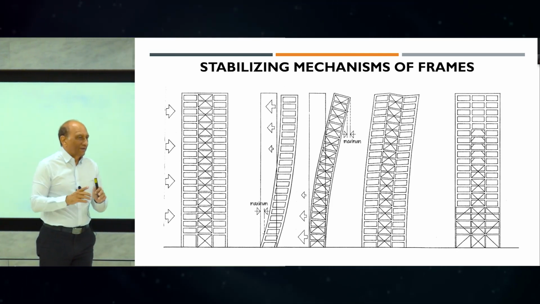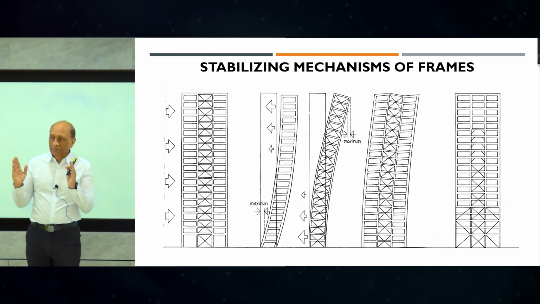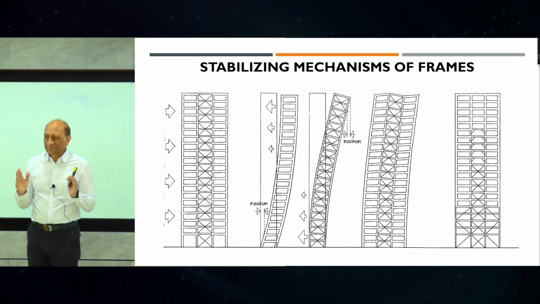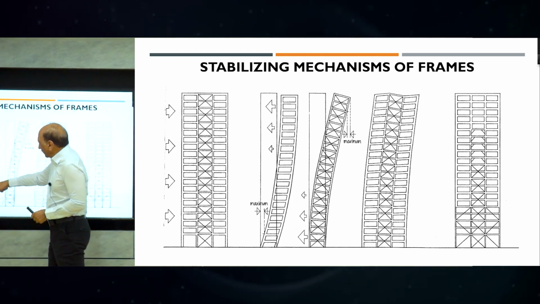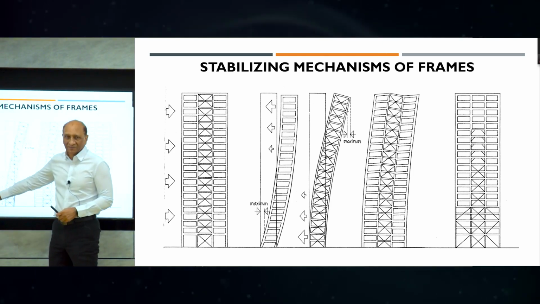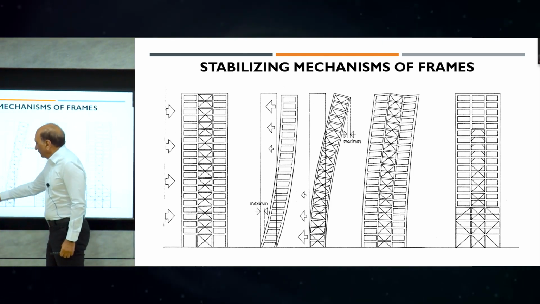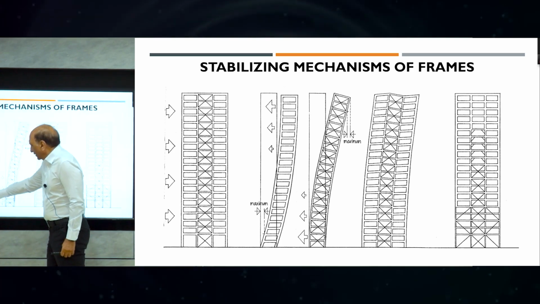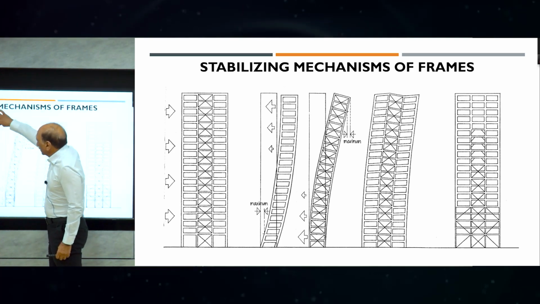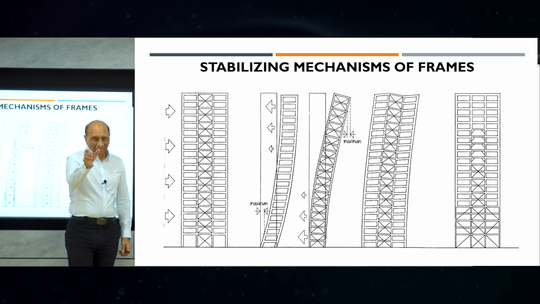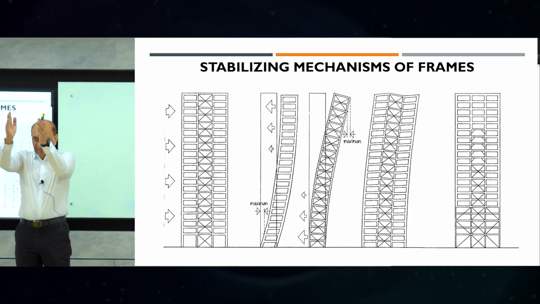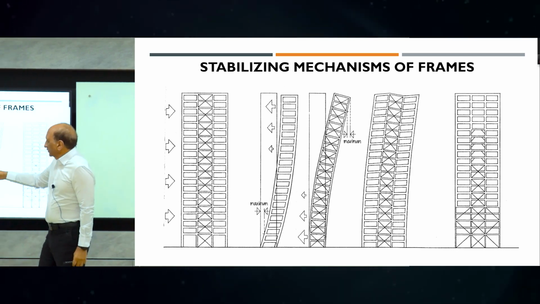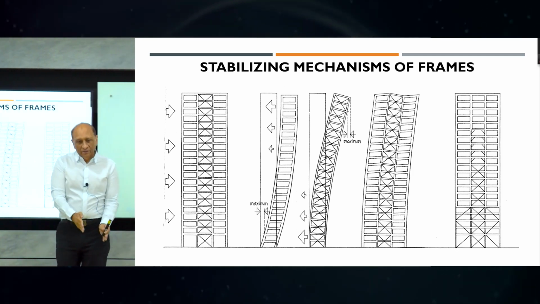Axial forces will be generated on the edges of the wall when you couple it together. The second thing you should observe is that if it's a frame, it will deform like this. The maximum deformation will be, it will become almost straight as it goes up, right? It will start to deform like this and then go up straight. That's a frame deformation. A wall or a brace deformation will go like this.